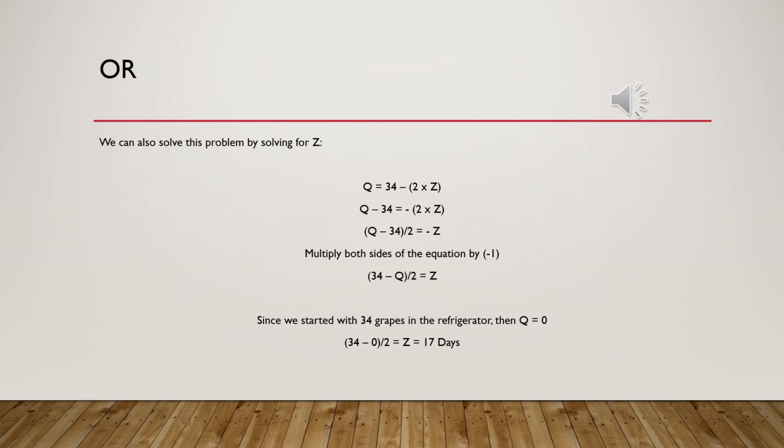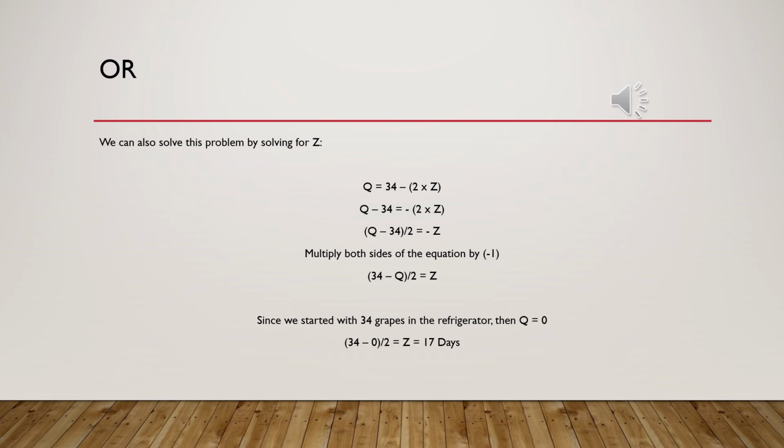What we did in the previous slide intuitively can also be done by using algebra to solve for Z, the time needed to reduce the number from 34 grapes to 0. First, by rearranging the original equation, moving 34 to the left side of the equation, it becomes negative 34.